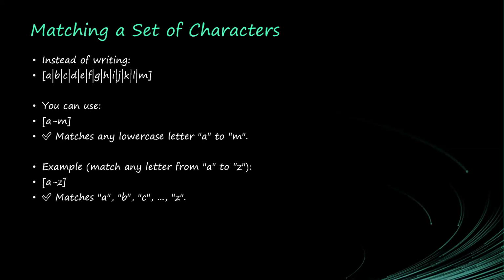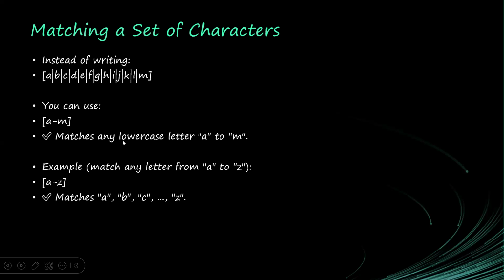Now look at this set of characters. Instead of me writing A, B, C, or A or B, I can actually say A to M. When I say A to M, it's the same thing as this one, but it is more readable and more concise, better than the first one.